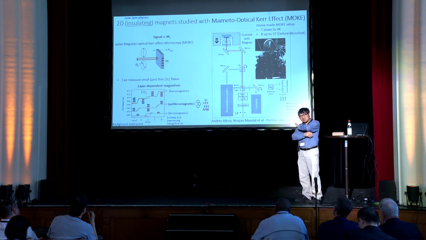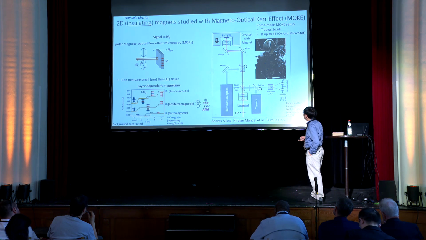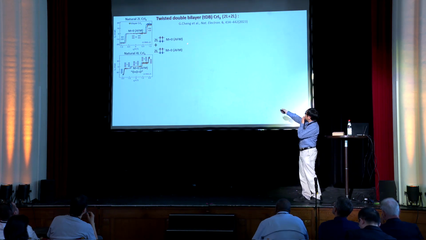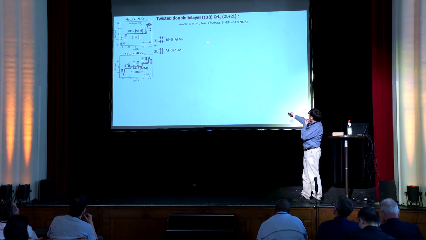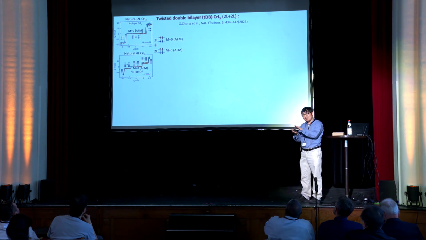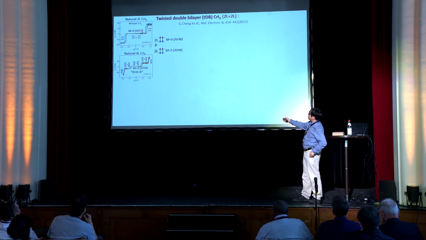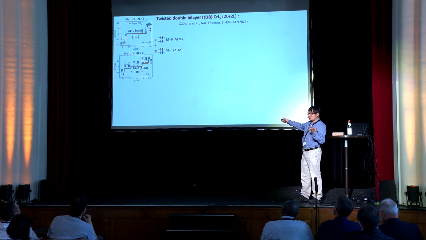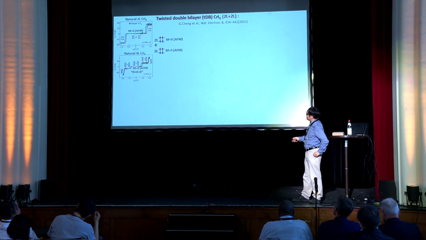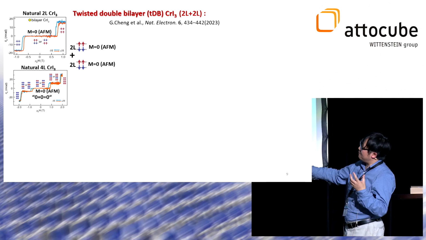When you twist them, things change very dramatically. The story is you stack these bilayers. Each is an antiferromagnet, so there's no magnetization and there should be no MOKE to measure. In the natural four-layer, because they're also stacked antiferromagnetically, you have two antiferromagnets with zero magnetization together, so you get 0 plus 0, still 0.